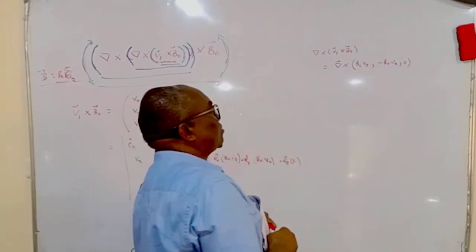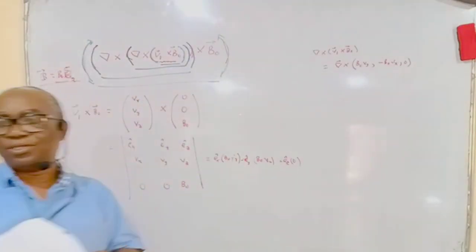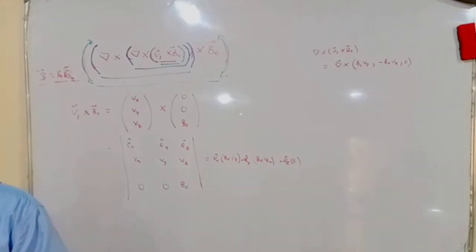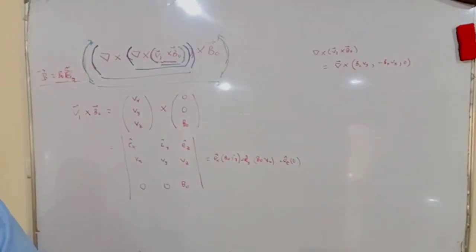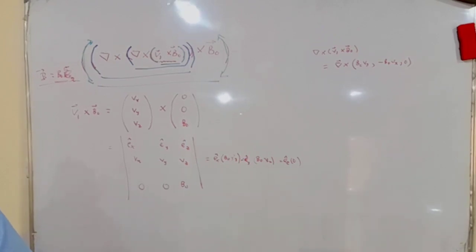That is what we're going to do. Did you get that? Okay. If you have done that, you will have vectors of this form.